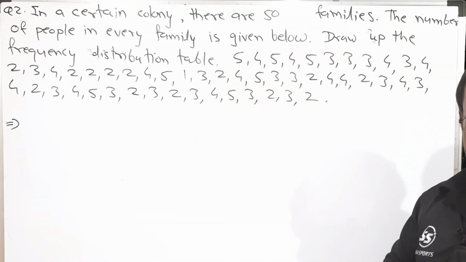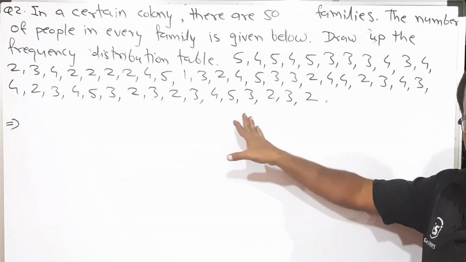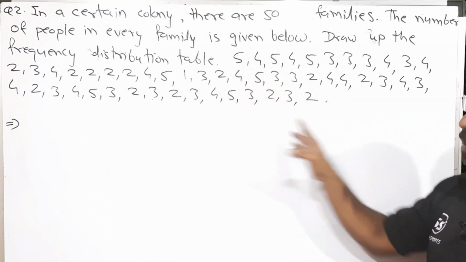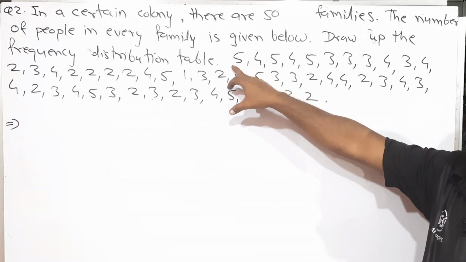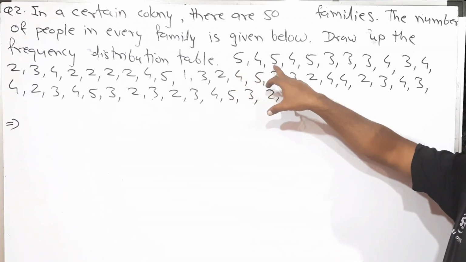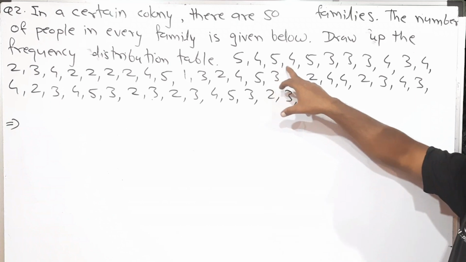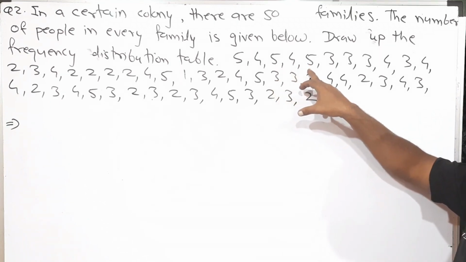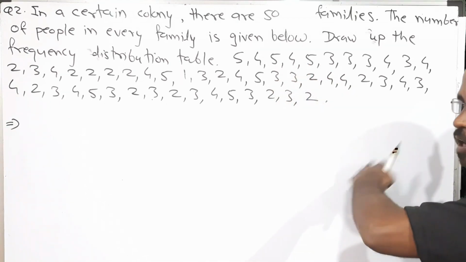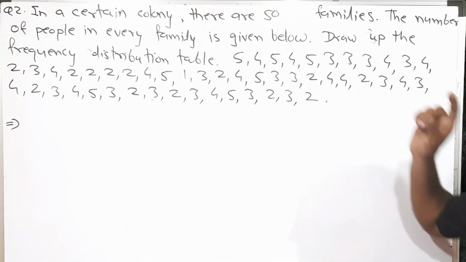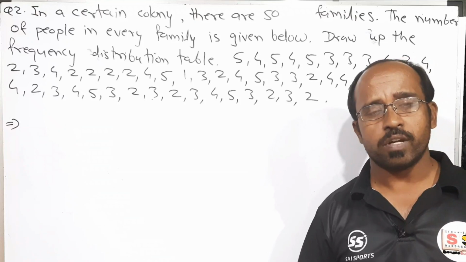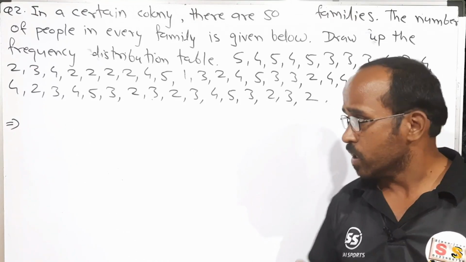This is the data of all 50 families. First family contains 5 people, second contains 4, third contains 5, fourth contains 4, fifth family 5, and so on. Draw up the frequency distribution table based on this.